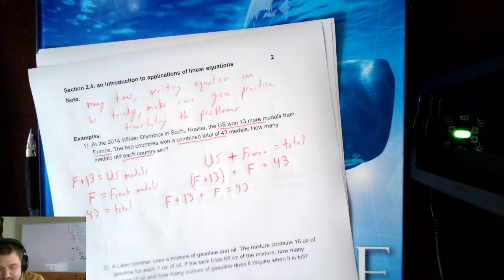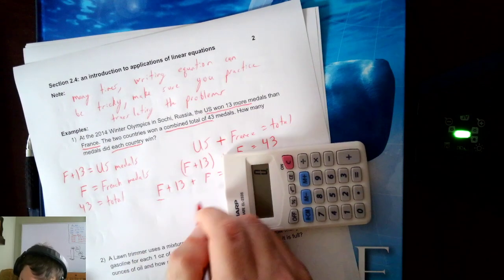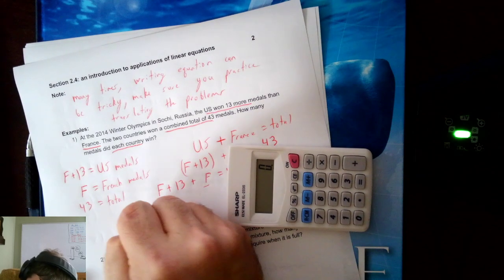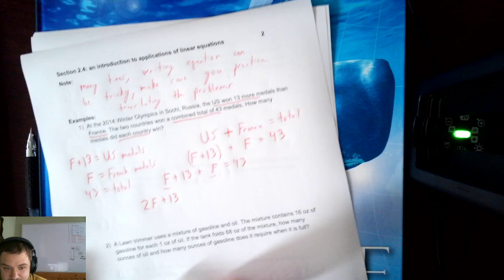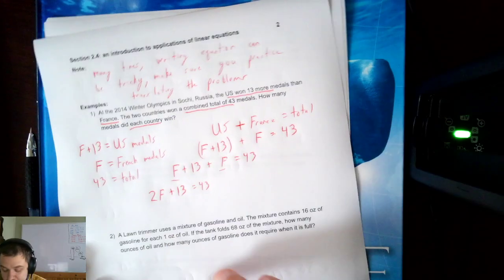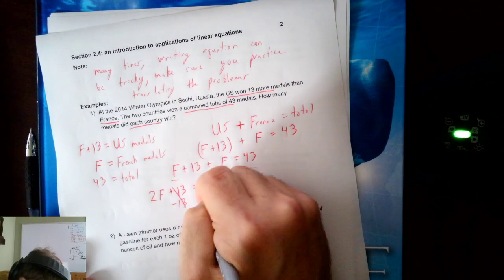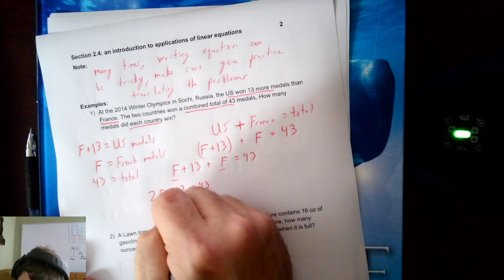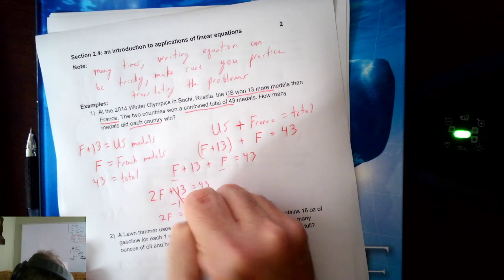Let's go to solve this equation. I notice right away on my left side, there are like terms to combine. F plus F is 2F, and we have plus 13, right, on the left, equals 43. I need to get F alone, so I'll subtract 13 from both sides. That's going to leave me with 2F equals 30.